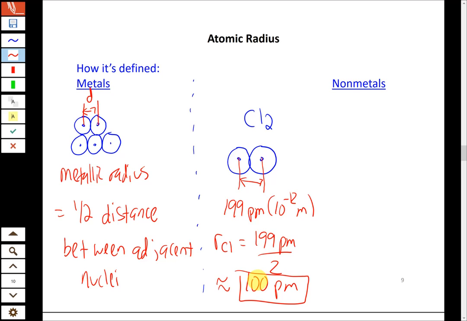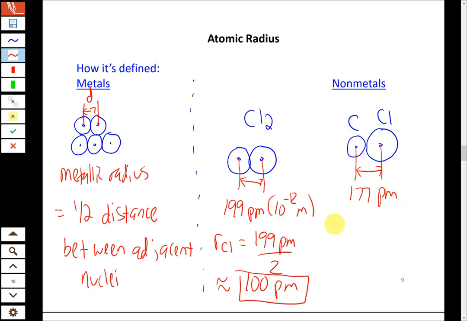Now, not all non-metal elements exist nicely in those diatomic forms that we can easily measure the distance between. So the other way we do it is we can take two different elements bonded together, like carbon and chlorine. So if that's a carbon and that's a chlorine and they're bonded together, we can measure the distance between those two nuclei, which comes out to 177 picometers, so we're putting real numbers on it.